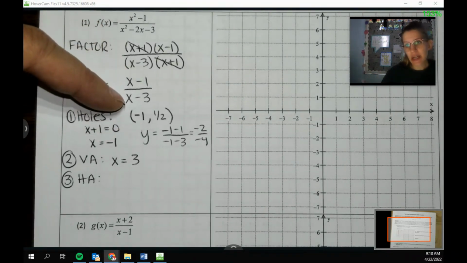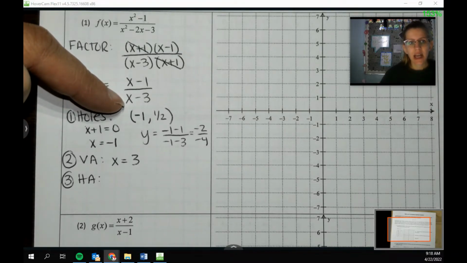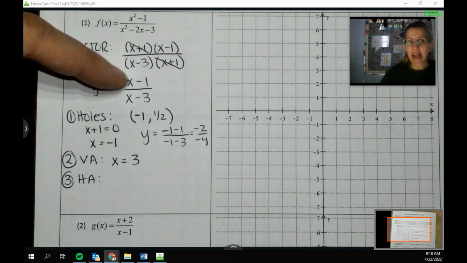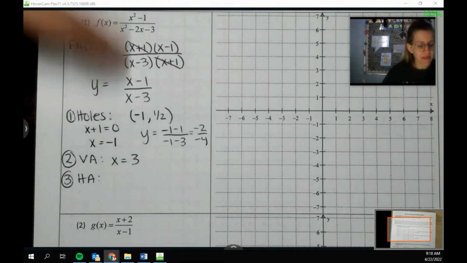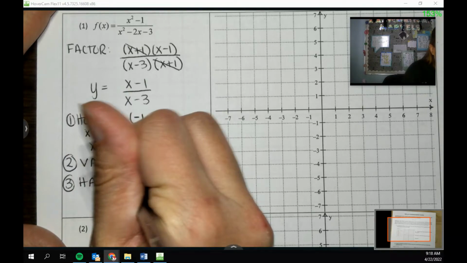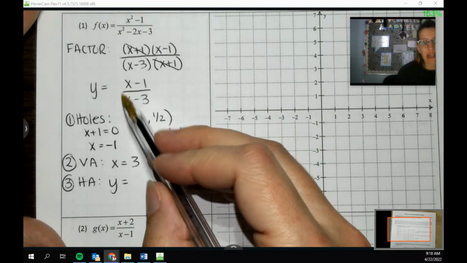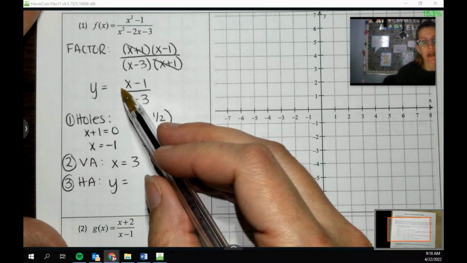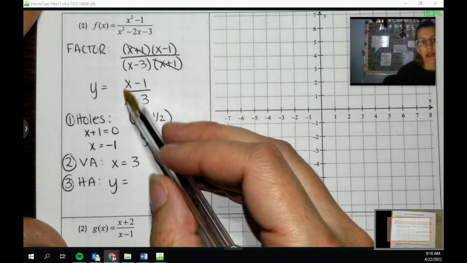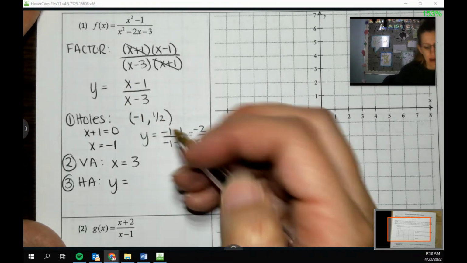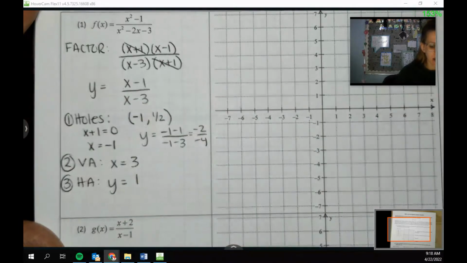If the denominator is larger, then my horizontal asymptote is always 0. However, if they are the same, which in this case they are, then my horizontal asymptote happens when I divide their leading coefficients, so like the front numbers. And so both these front numbers are 1, and 1 divided by 1 is 1.